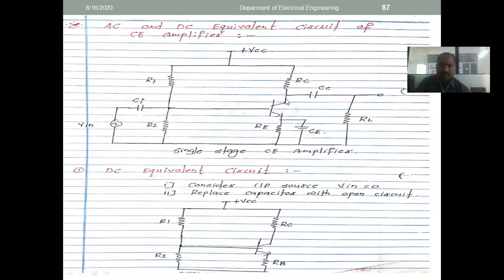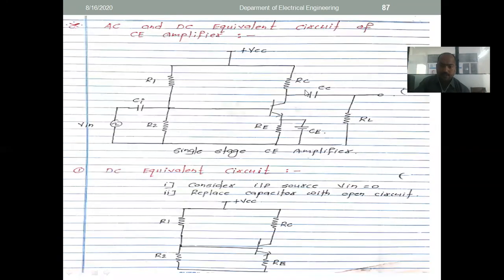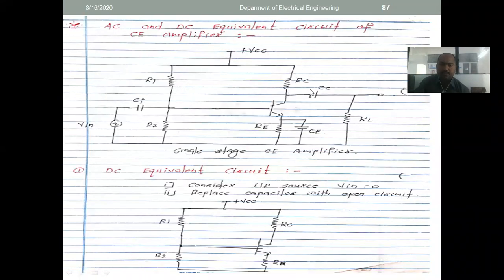Again, at this transistor there should be a parallel connection of these two things, that is the collector resistance and this capacitor CC. So the collector resistance is taken in parallel across the transistor. Now this should be connected to the capacitor.